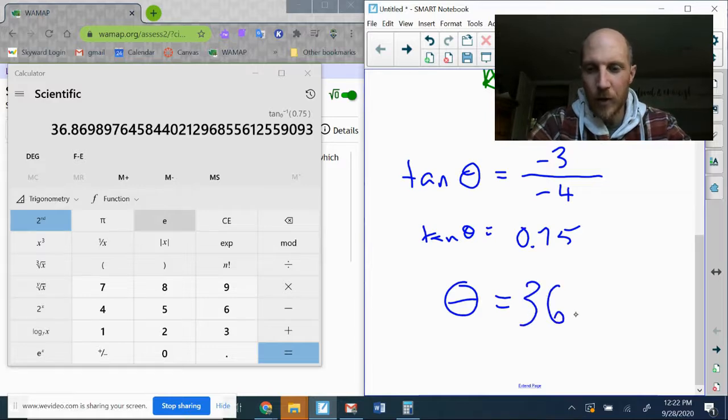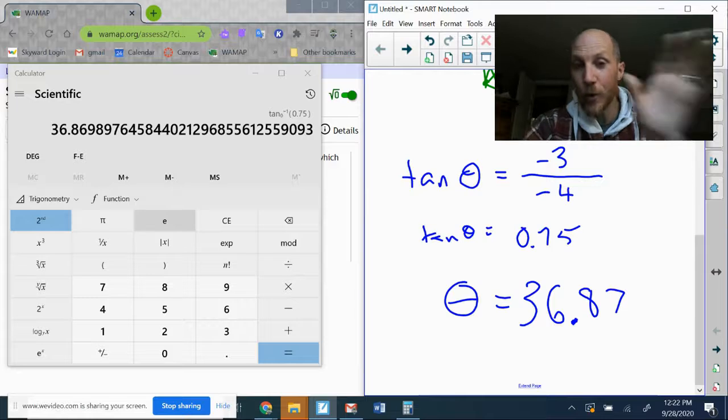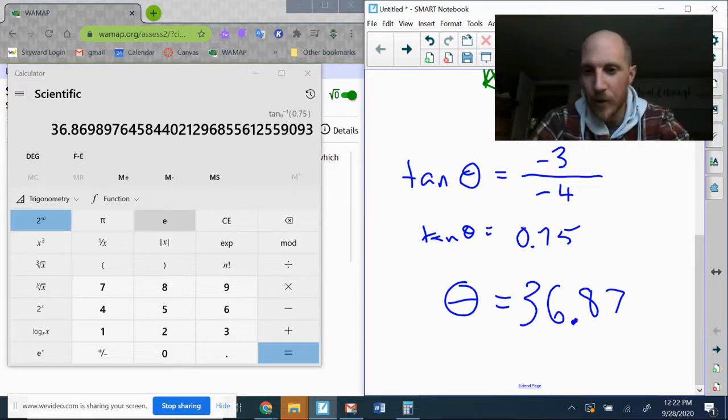So just hit second and then tangent. And then you'll have to actually type the 0.75 in there. It'd be nice if we had the same kind of calculators, but I don't have a good way of showing you my TI. You could hold it up and then you couldn't read anything. So anyway, the inside the triangle angle is 36.87.